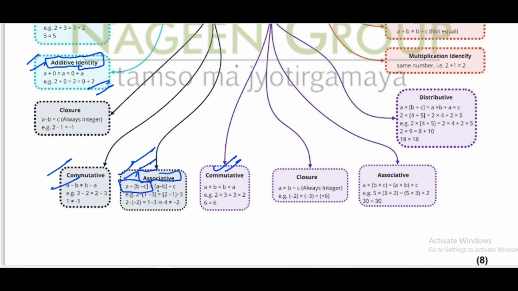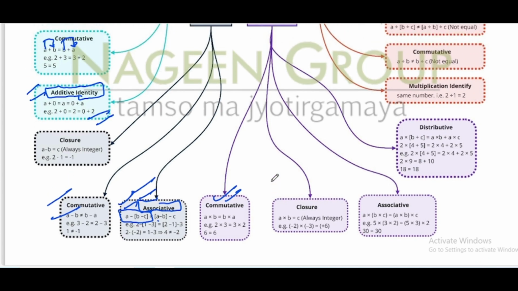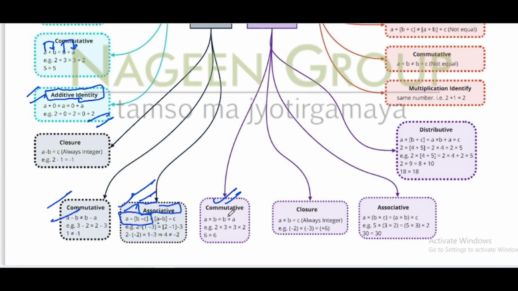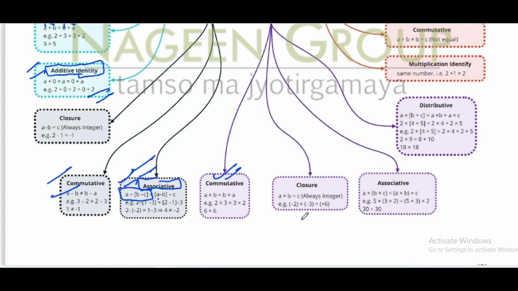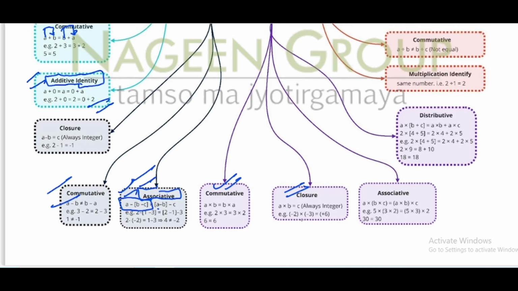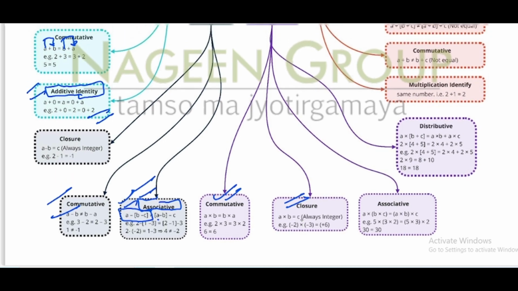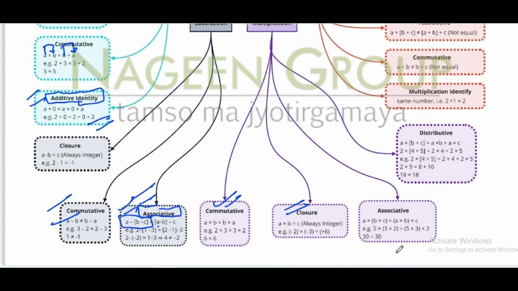Commutative property of multiplication of integers shows the product of A and B is always equal to the product of B and A. Next is closure property of multiplication, that is A into B. It means for two given integers, if we multiply them, then the result is also an integer.